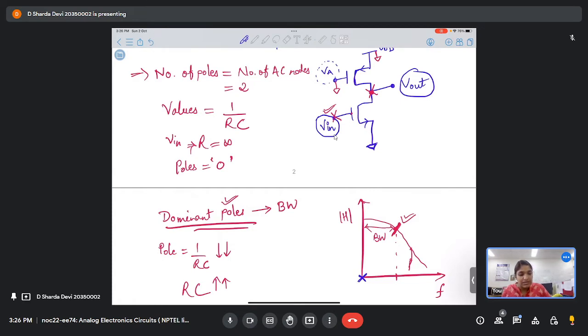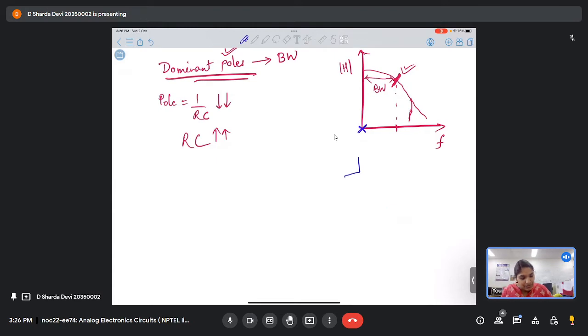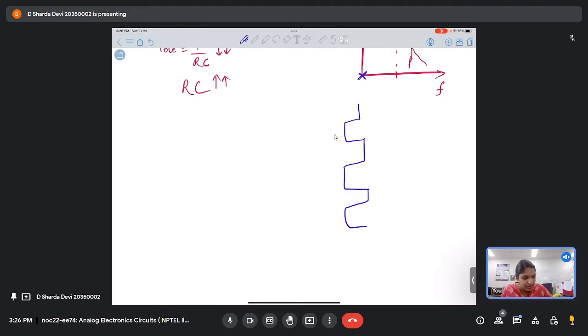Since in this particular case we only had one node, it was not a big issue, right? Now let's say I have another circuit. I'm simply increasing the transistor by one.